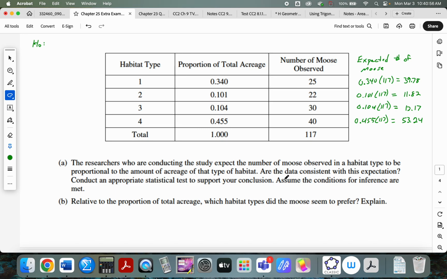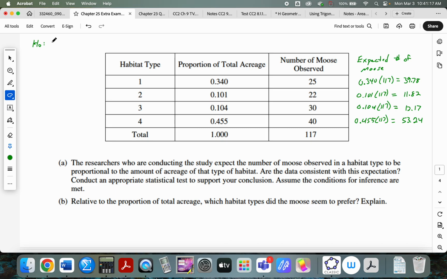And what did they say here? They expect the number of moose observed in a habitat to be proportional to the amount of acreage in that type of habitat. So we say that verbatim. Yeah, that's our null hypothesis. So we just say we expect?